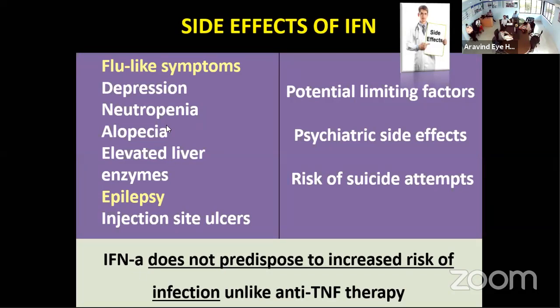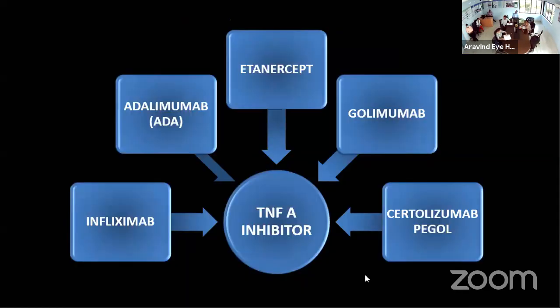It can also cause depression, neutropenia, elevated enzymes, epilepsy, and injection site effects. Interferon alpha does not predispose to increased infections, unlike the TNF alpha therapy. So the only problem is the cost. It is getting popularized in Germany, where they prefer the interferons rather than the TNF alpha inhibitors.